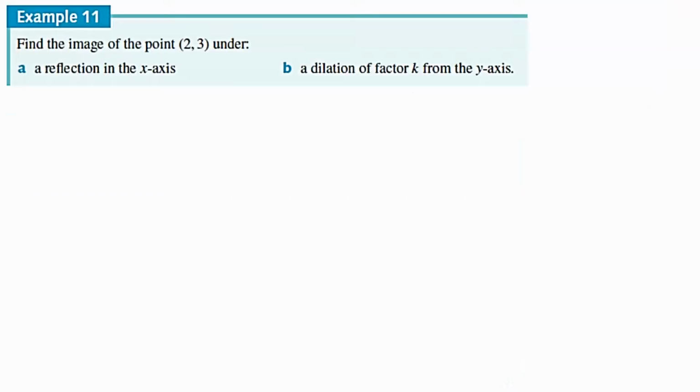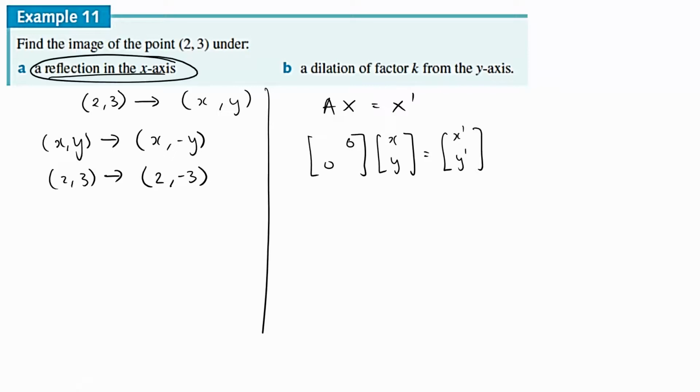What I'm asking you now is, what was the matrix to have reflection in the X-axis? You knew it had to be a negative Y. The only way to get a negative Y is if this number here is a negative 1, because negative 1 times Y will give you that negative Y that you want.